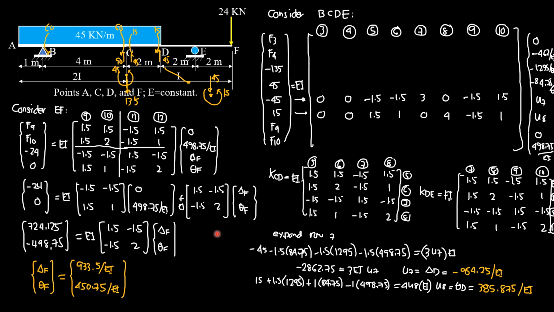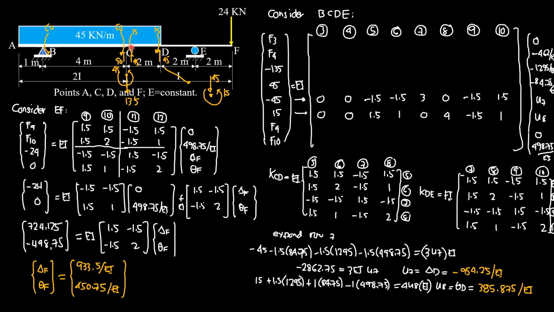Then finally, for D, we go back to consider B, C, D, E. Then we only consider B, C, D, E, the numbering would be 3, 4, 5, 6, 7, 8, 9, 10.